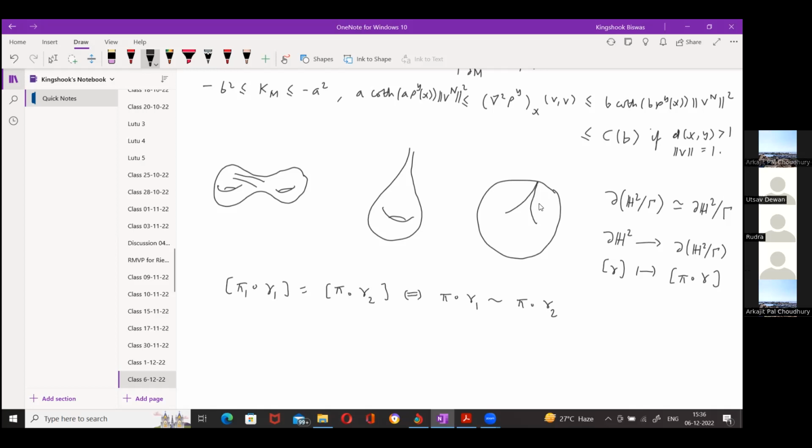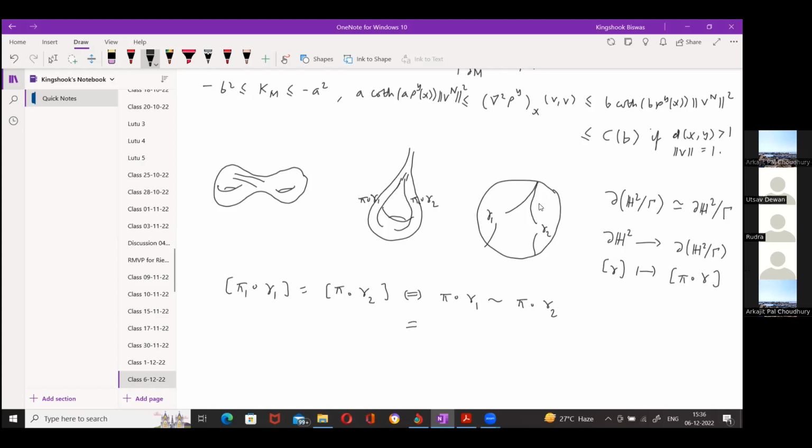Okay, so I have, say, a gamma 1 and a gamma 2, and I'm saying that their projections are equivalent below. So maybe they look like this. This is pi composed gamma 1, and this is pi composed gamma 2. But if the projections are equivalent below, what I can do is lift them.